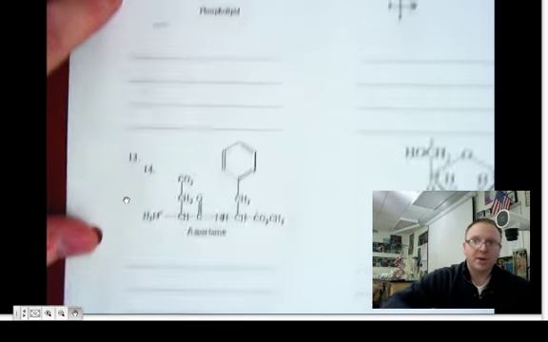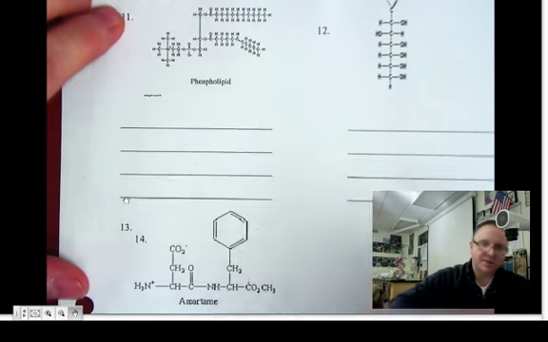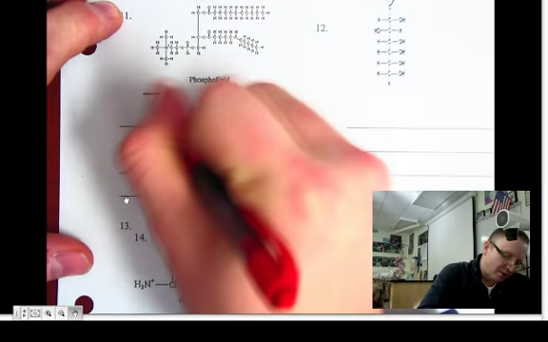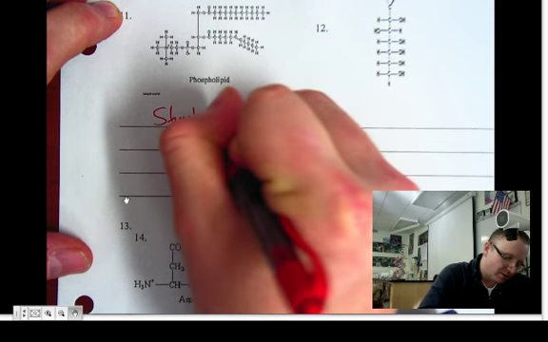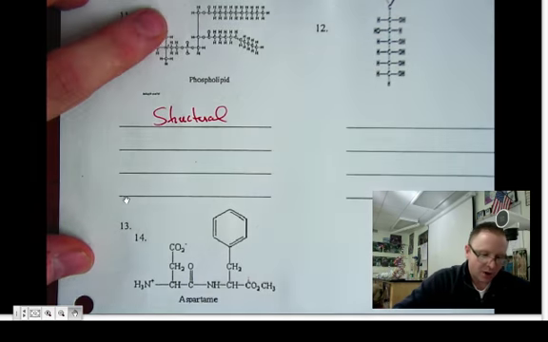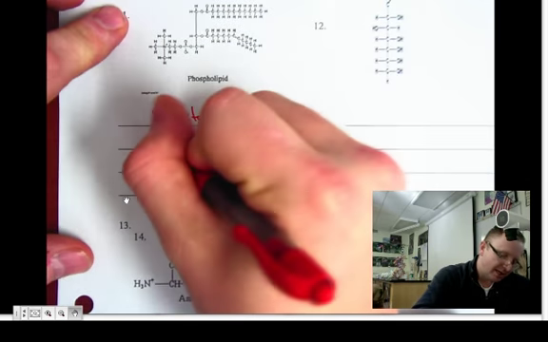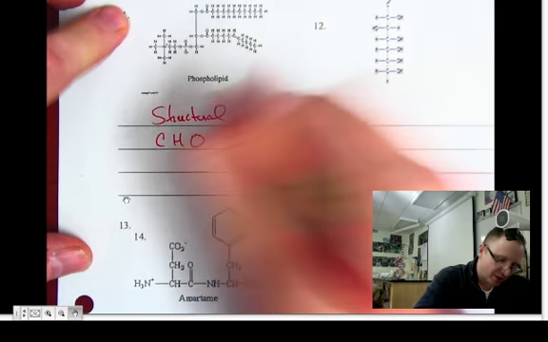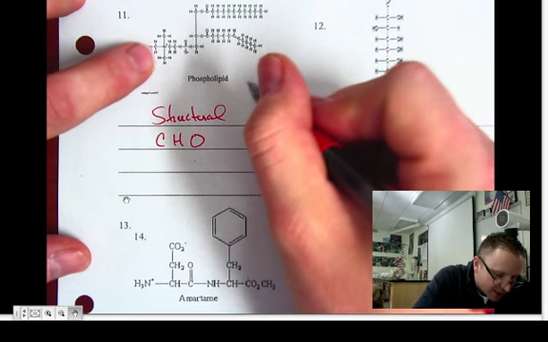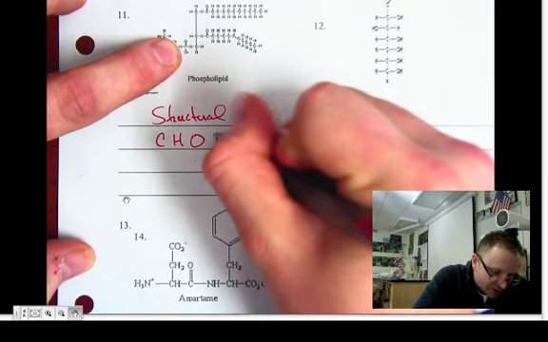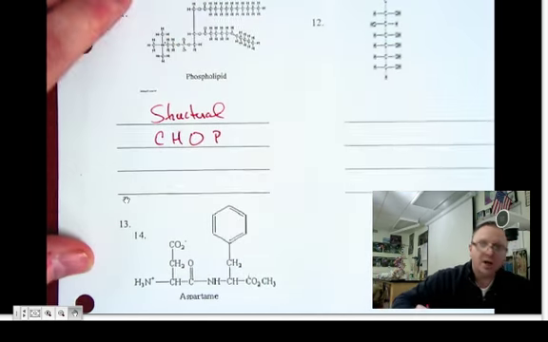11, here we have a little bit of a clue given to you that it says phospholipid. So this one is clearly structural. On this one, there are no carboxyl groups that are exposed or present, or amino groups. It's got carbon, hydrogen, oxygen, and we can see over here that there is a phosphate group, so there's some phosphorus there as well.